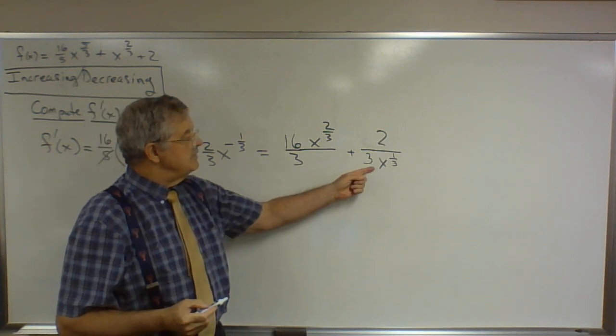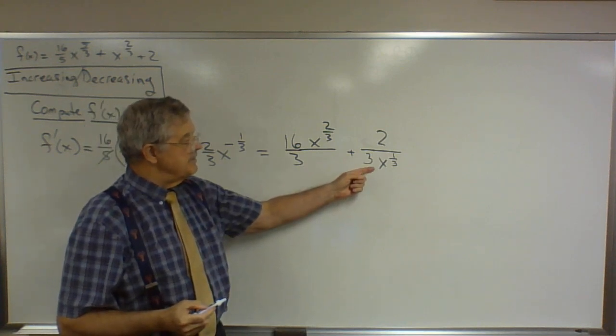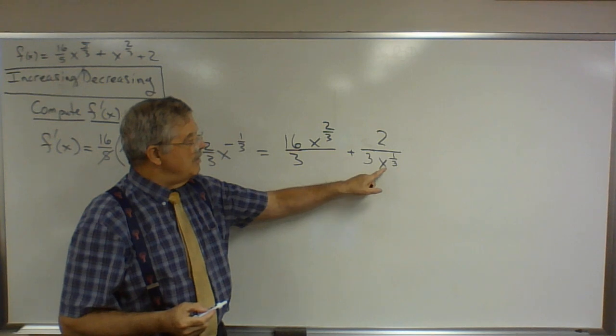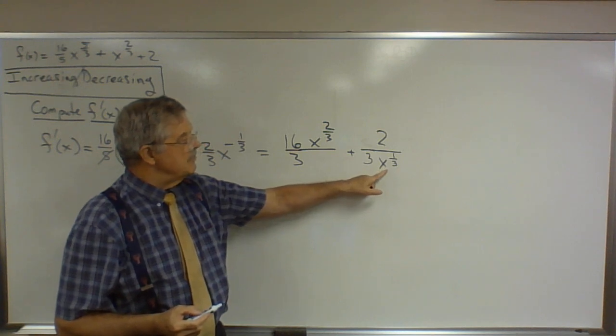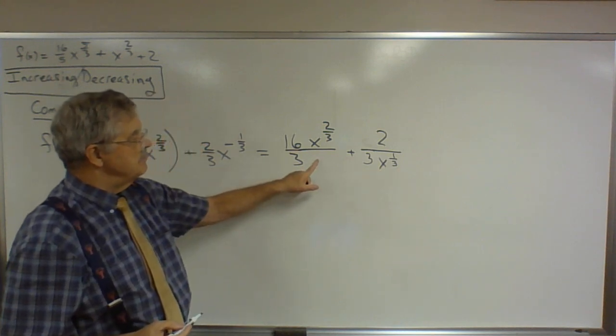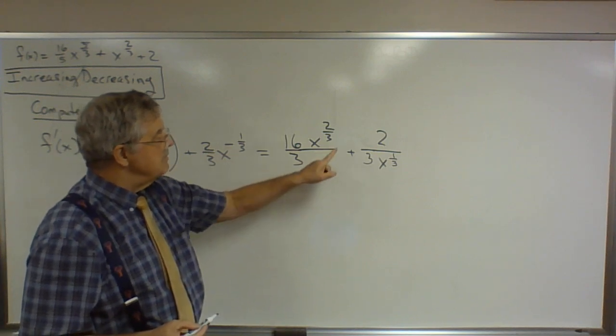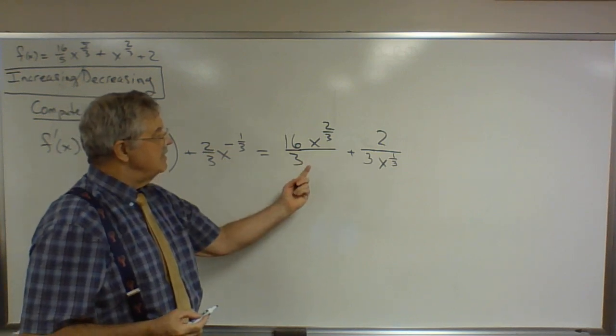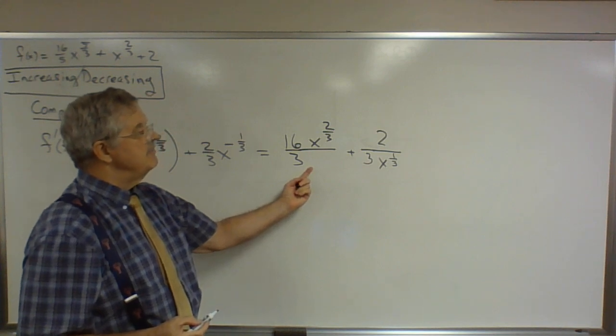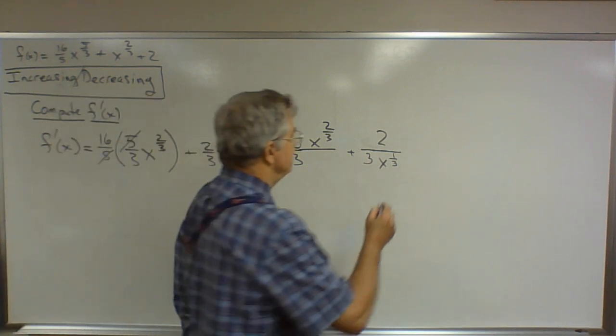Both of these have a factor of 3 in the denominator. This also has a factor of x to the 1/3. This doesn't. So I'm going to have to multiply top and bottom here to give this expression a factor of x to the 1/3 in the bottom.